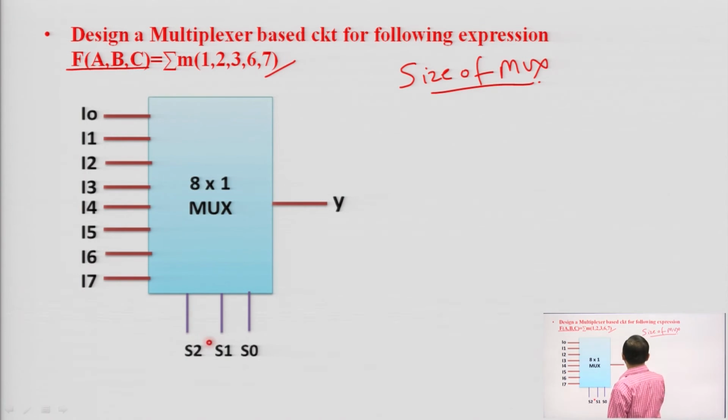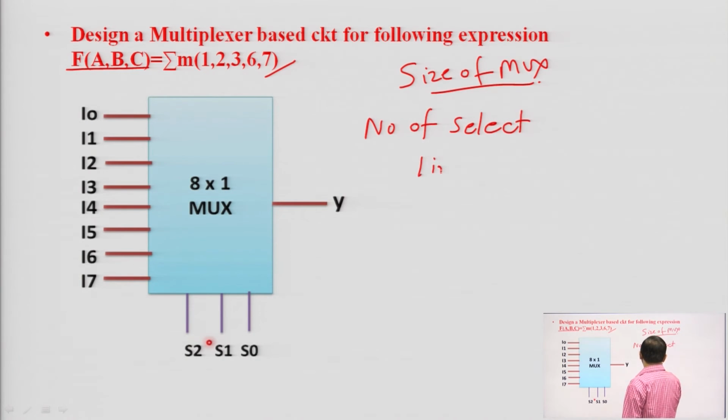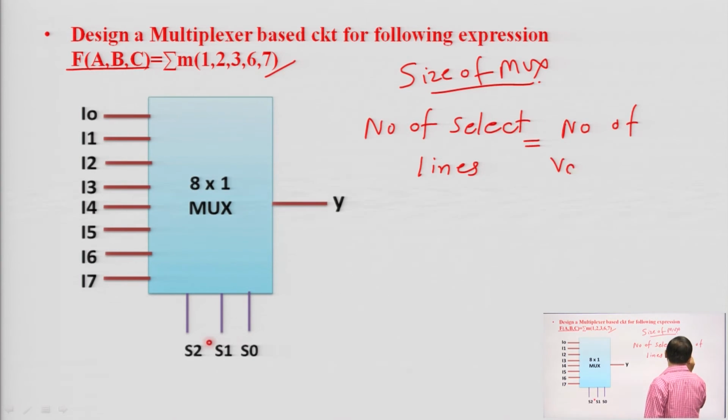For that we have to follow the formula: the number of select lines will be the number of variables. This is a very important formula.